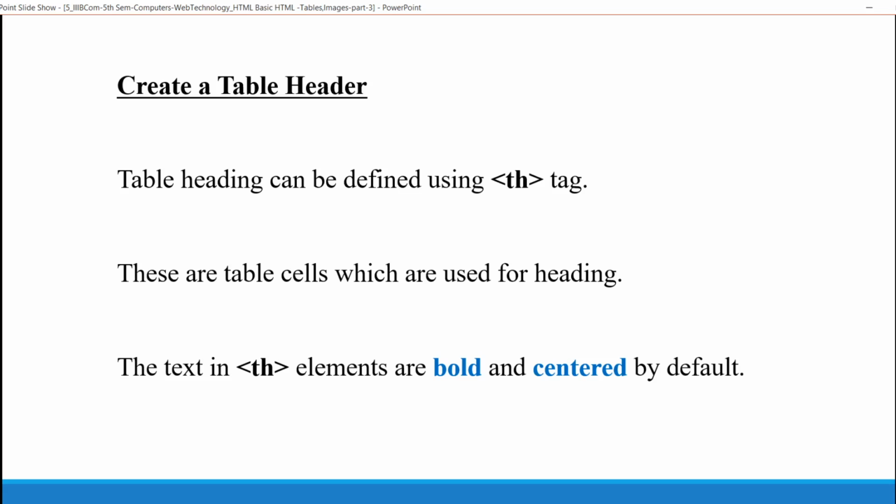Next one is the table header. The tag used for representing a heading is the th tag. These table cells, which are used for headings, have text that is bold and centered by default. If I place the text in the th tag, the text will appear bold and the alignment is center by default.